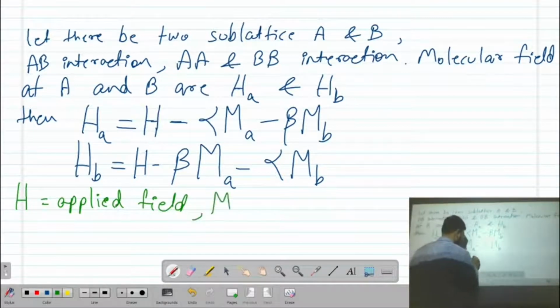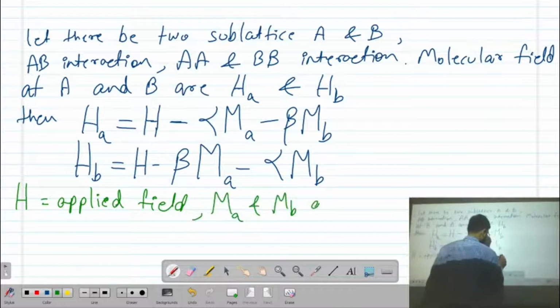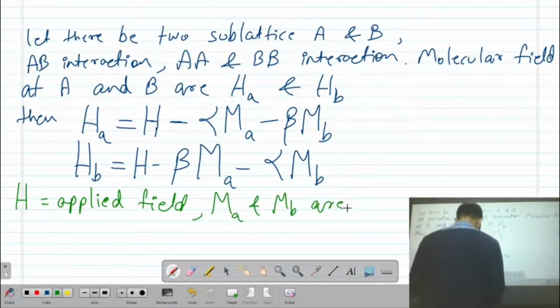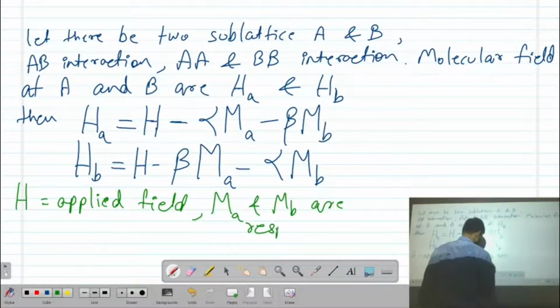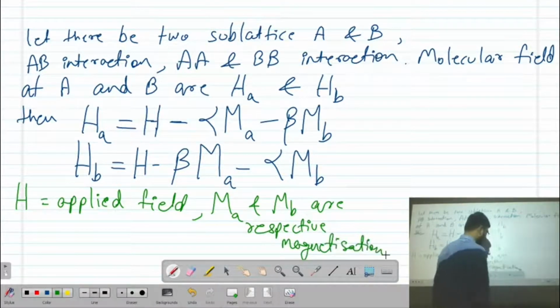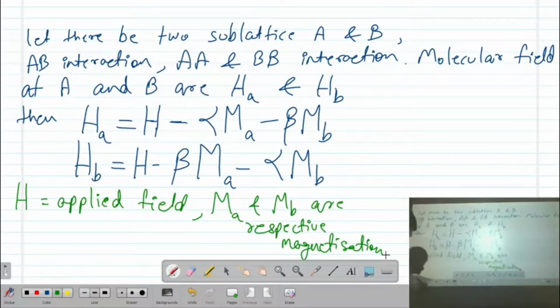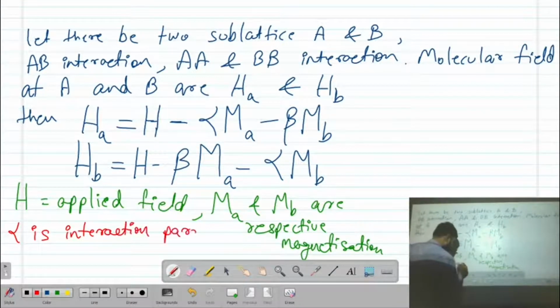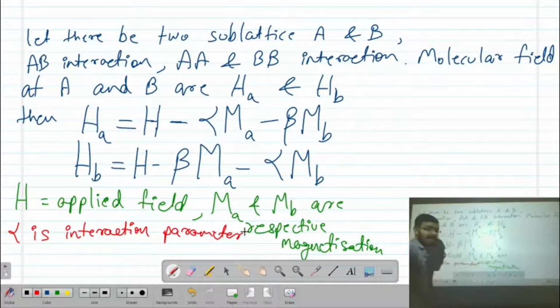M of A and M of B are the respective magnetizations for A and B, while alpha is the interaction parameter.